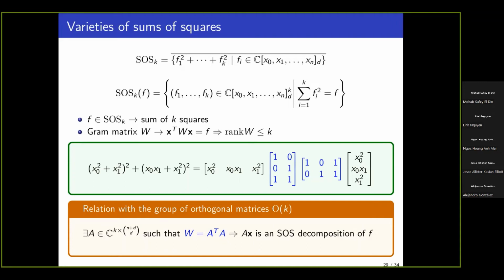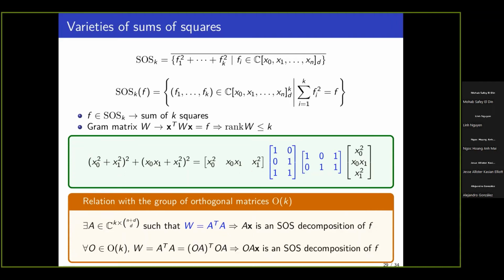And we note that there is a relation with the group of orthogonal matrices. So if you take any orthogonal matrix, so O transpose O is just the identity, you can plug it into the middle of this A transpose A, and you get a new decomposition, which is given by OAx.